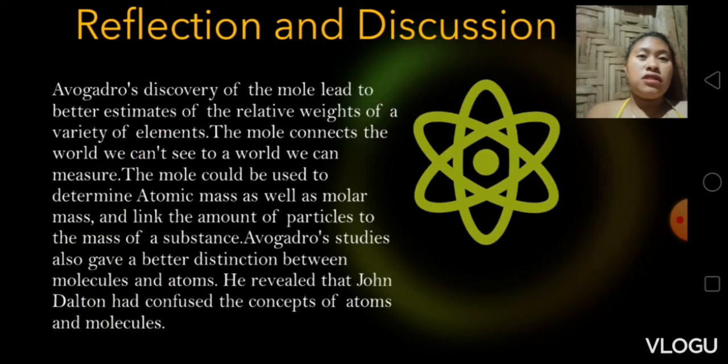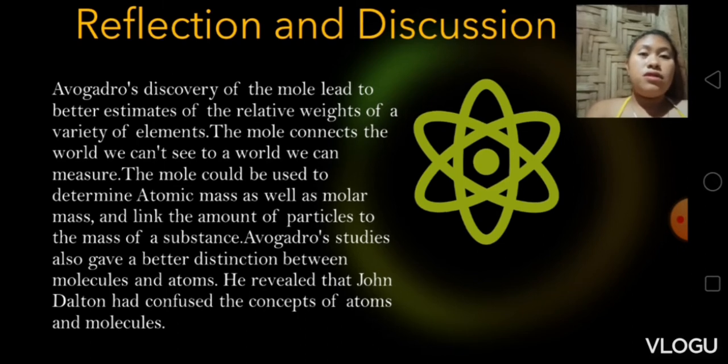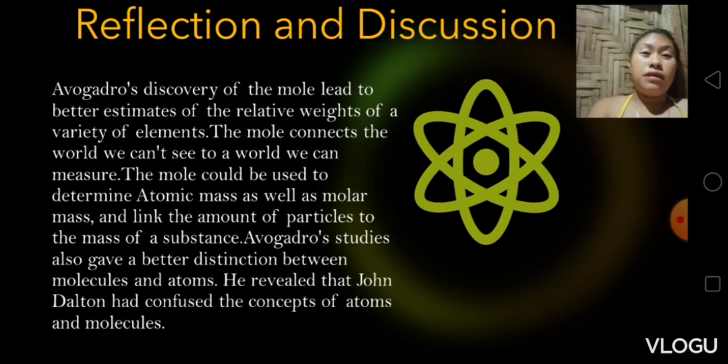So, reflection and discussion about Avogadro. Avogadro's discovery of the mole led to a better estimate of the relative weight of varieties of elements. The mole connects the world we can see to a world we can measure.